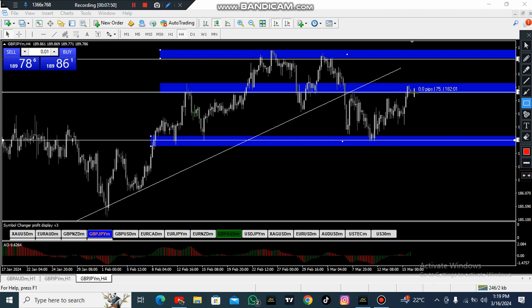Before we can be confident in saying the market is going down, we need to see a candle going down like this, an engulfing or a pin bar, and then we know that it is a good signal for downtrend.